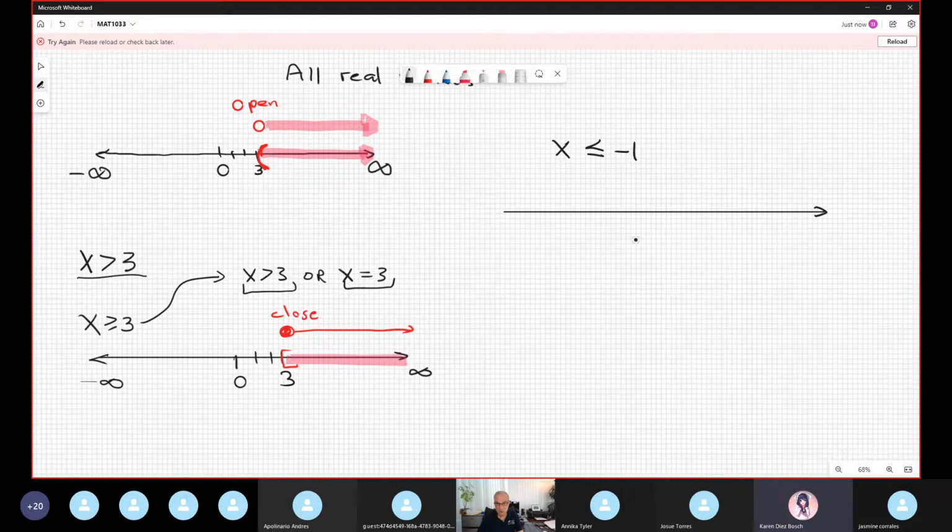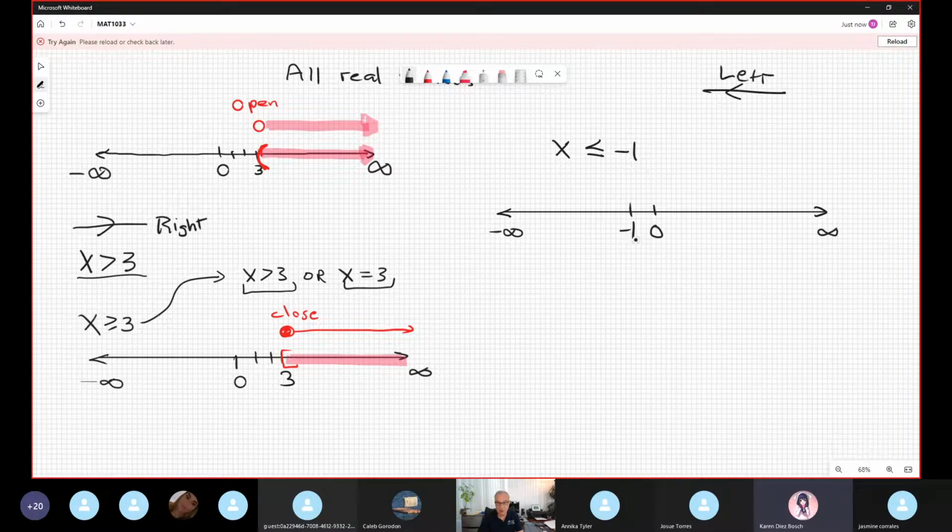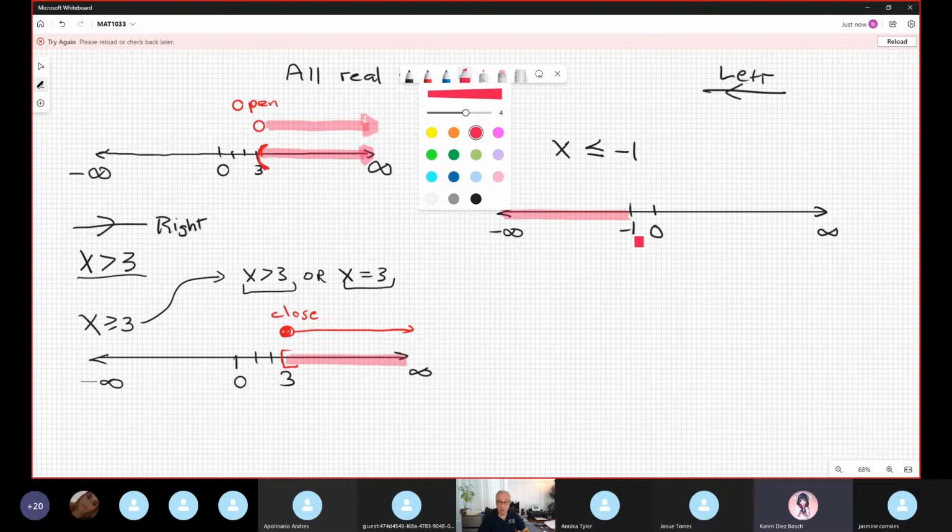Okay, this is our famous real number line. 0 in the middle, -1 here, but in this case, it's to the left. It's super easy. This symbol looks like an arrow pointing to the right, and this symbol looks like an arrow pointing to the left. You highlight to the left and include -1 inside the interval.